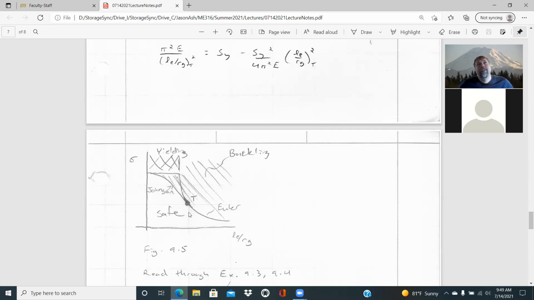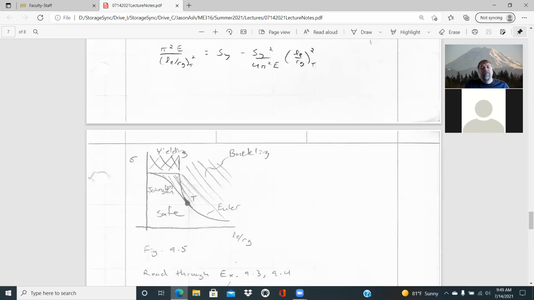It's really dependent upon the geometry of the cross section and is really susceptible to any imperfections in the material and the geometry, things like that. And so that could lower that buckling load quite a bit just based on material imperfections during the manufacturing process.